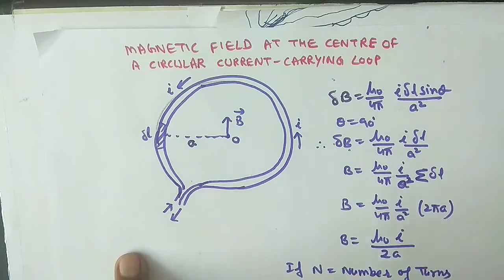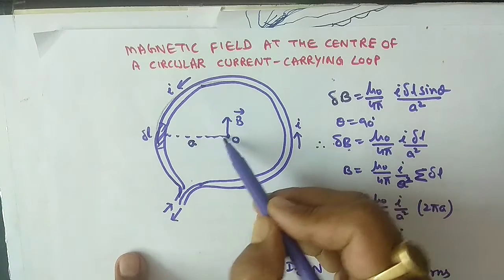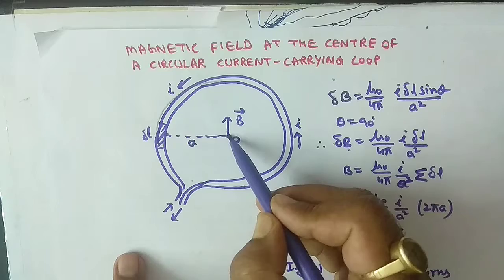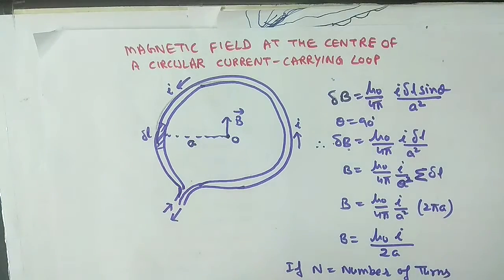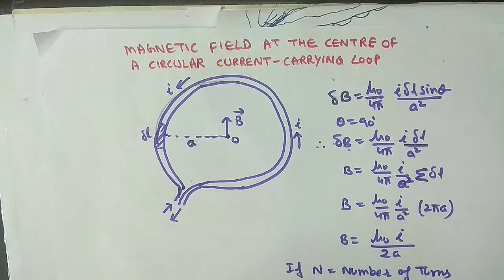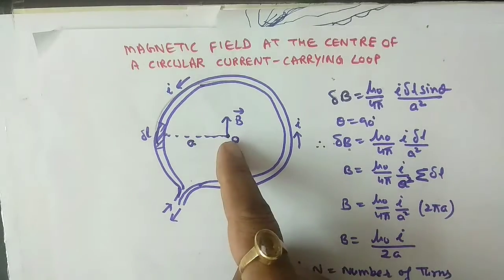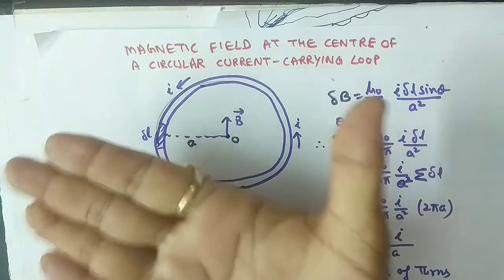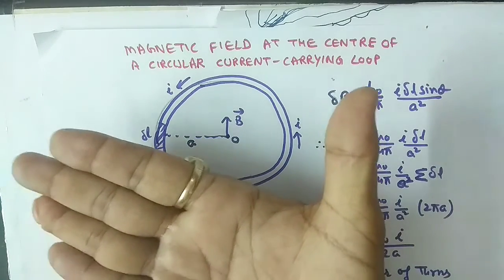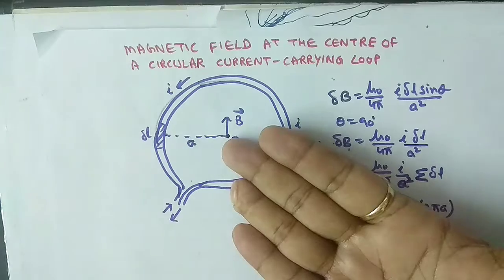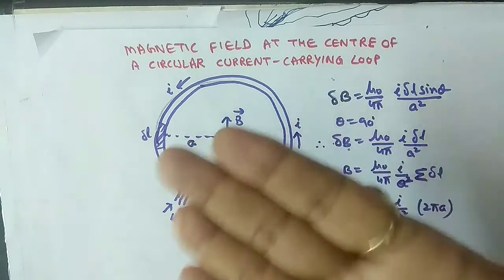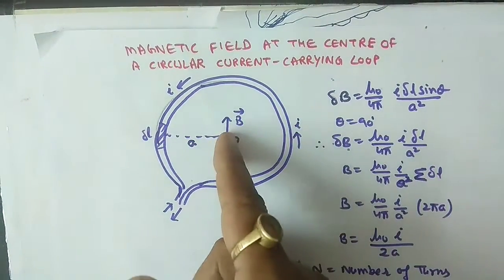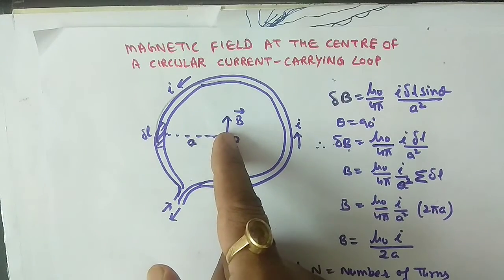At the center its magnetic field we have to find. And what is the direction? By using the right hand palm rule number 1, we can find the direction of the magnetic field like this. Put the right hand thumb in the direction of current, and indicate the point where you have to find the direction of the magnetic field. So it is always the pushing direction, so it is always upward direction.